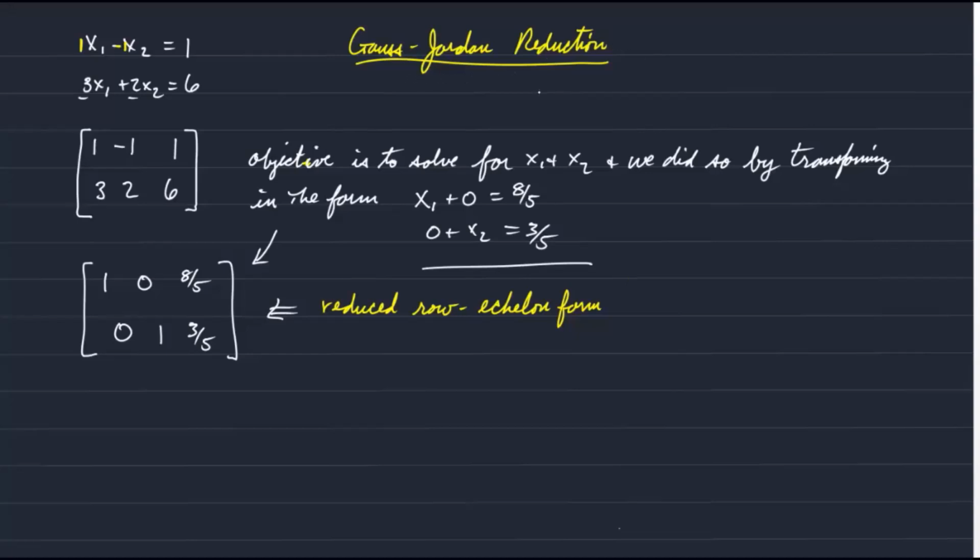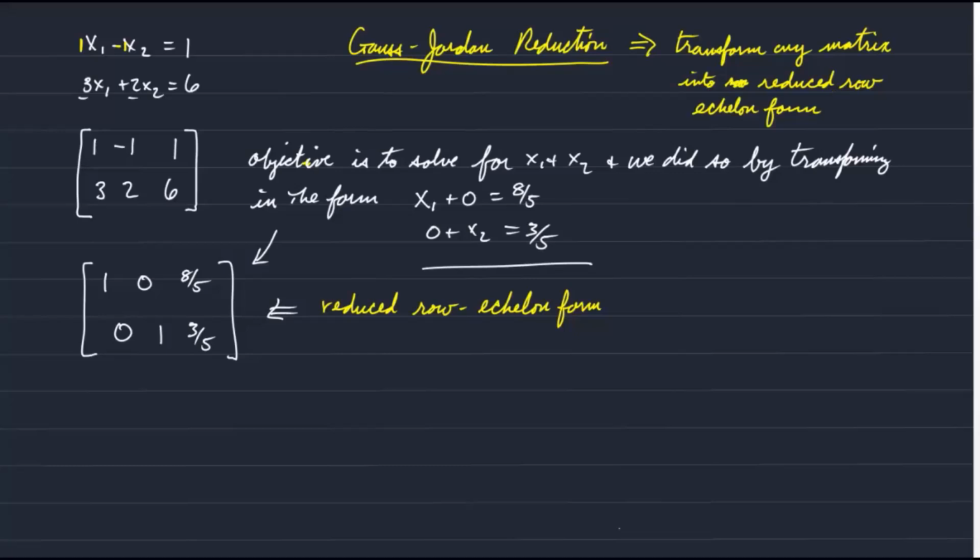So what Gauss-Jordan reduction does, and I'll show you in a minute, is to transform any matrix into row or reduced row echelon form. So that's what Gauss-Jordan reduction is about.